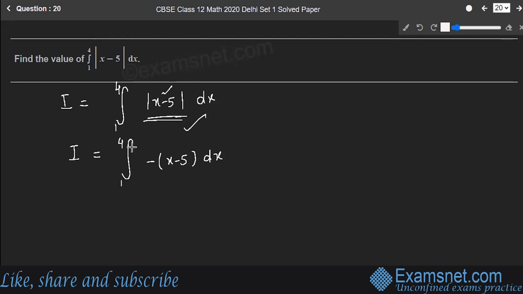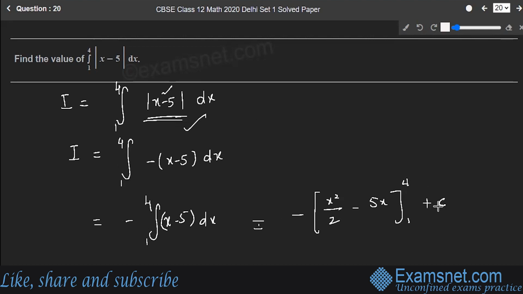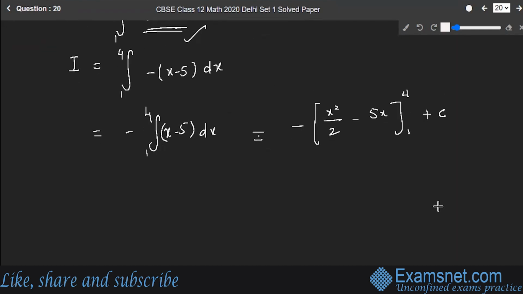Okay, so this is equal to, I'll take the minus outside, integral of x minus 5 dx from 1 to 4, which is equal to minus, now this is x square upon 2 minus 5x, limits 1 to 4, plus c. So let's put in the limits now. This is equal to minus 1 by 2 because I'm taking this outside now, and this is for x only.